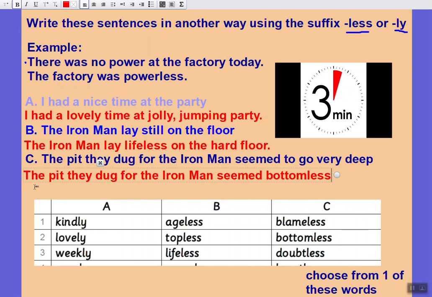I'm going to add a coordinating clause to this and say seemed bottomless and black. Make it sound really scary. Okay, those are just some ideas. So we used the word bottomless instead of seemed to go very deep. We used lifeless instead of laying still, and we used lovely instead of nice to make those sentences more interesting.